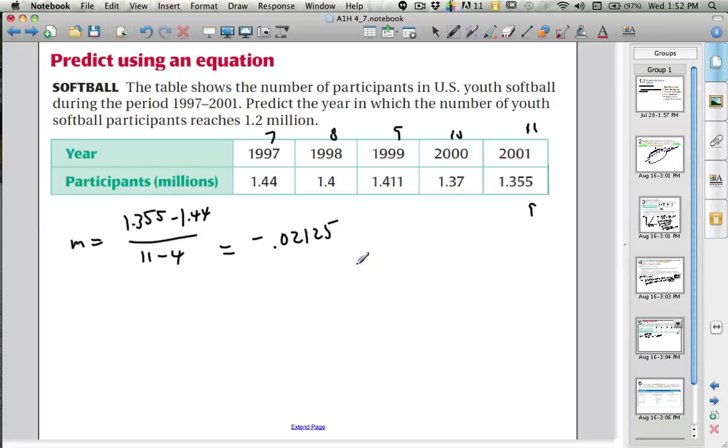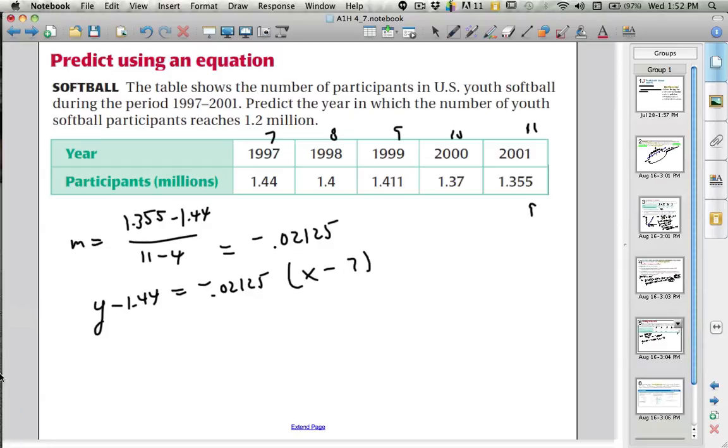And now if I go ahead and write an equation, okay, this is going to be a little different than the things we've done before. I can pick one of these points. I'm just going to pick the first point, right? So I know that y minus 1.44 is equal to negative 0.02125 times x minus 7.